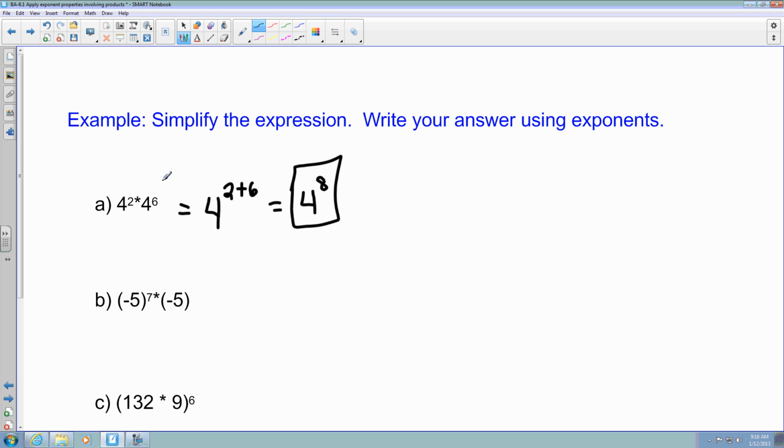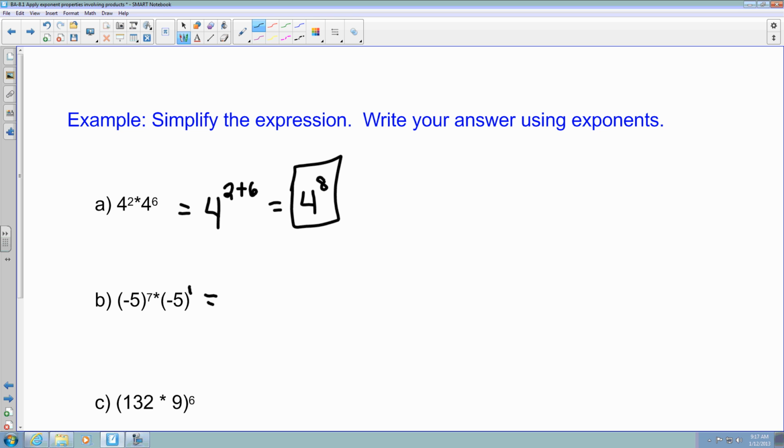So let's look at B. We have negative 5 to the 7th times negative 5. A lot of people make the mistake of just writing negative 5 to the 7th as their answer. But you have to keep in mind that even though negative 5 has no exponent attached to it, it still is negative 5 to the 1st power.